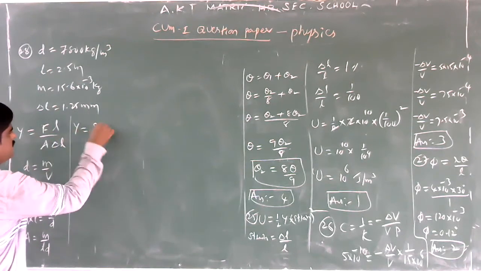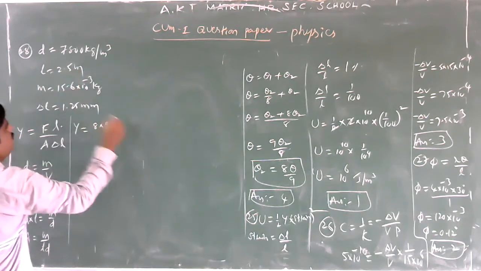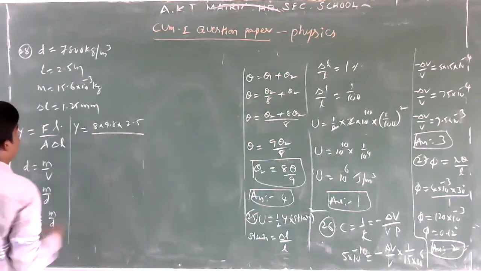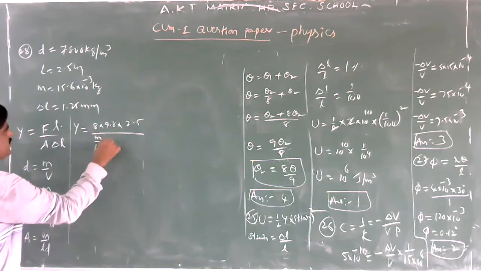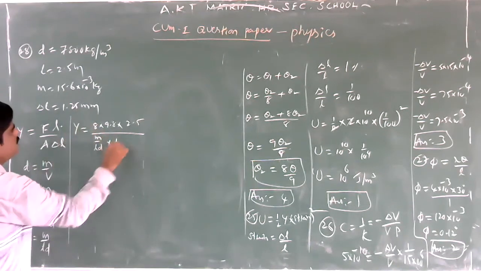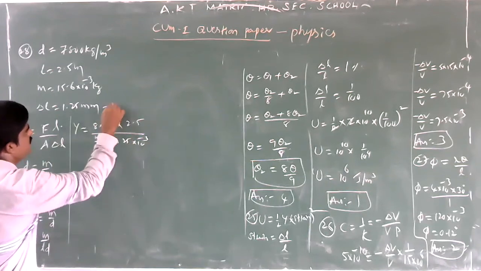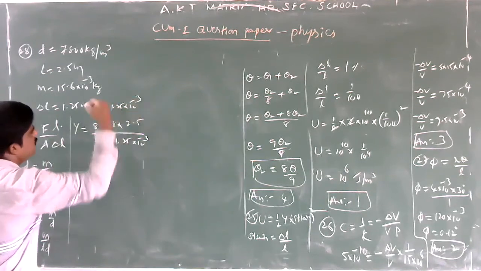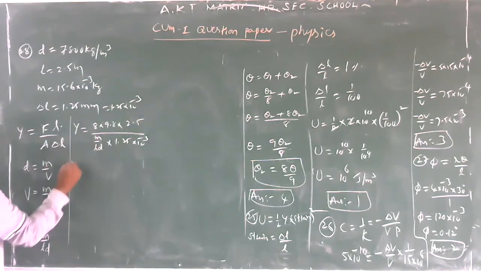F equal to 8 into 9.8, into L value 2.5, divided by area of cross section m by L into d, into delta L value 1.25 into 10 to the power of minus 3 meter. So you substitute the m by L d value and you will get Young's modulus.